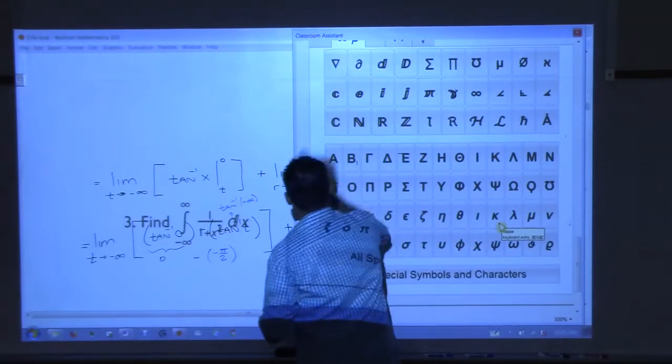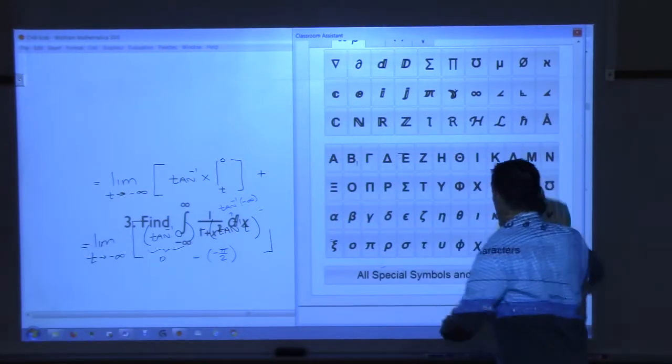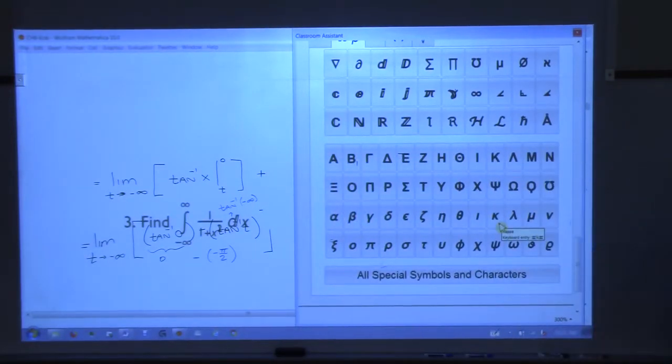Oh, that one's that weird trident one. So these are the Greek letters here. That's capital pi. That right there, capital rho. Is that theta? Sigma, there's sigma, we use that, right?